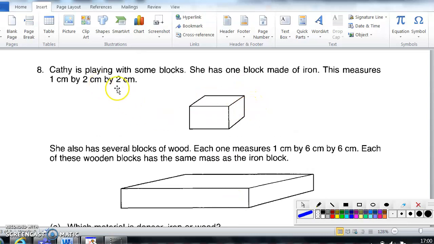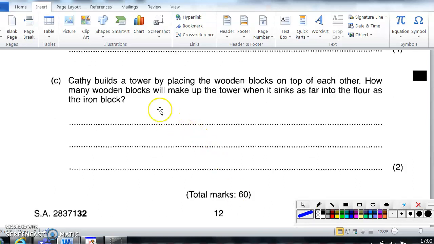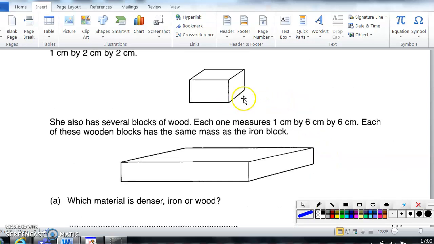This one is 2 by 2, which gives you 4. This one is 6 by 6, which gives you 36. So if you divide 36 by 4, you get an answer of 9. So the answer here is 9 blocks, but you have to refer to the calculation of the base area in order to get the marks for that. Okay, thank you.